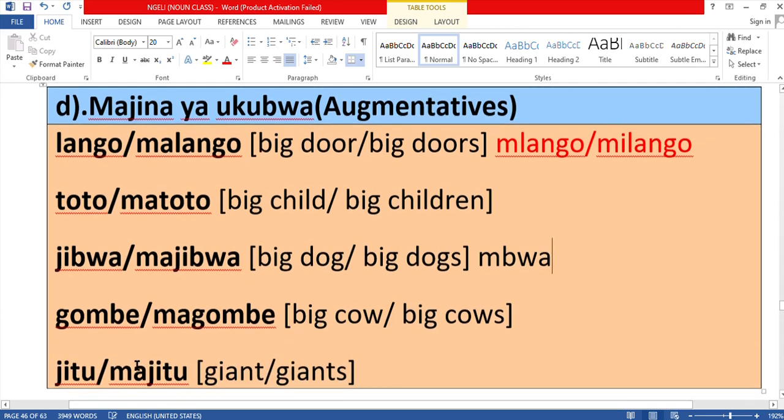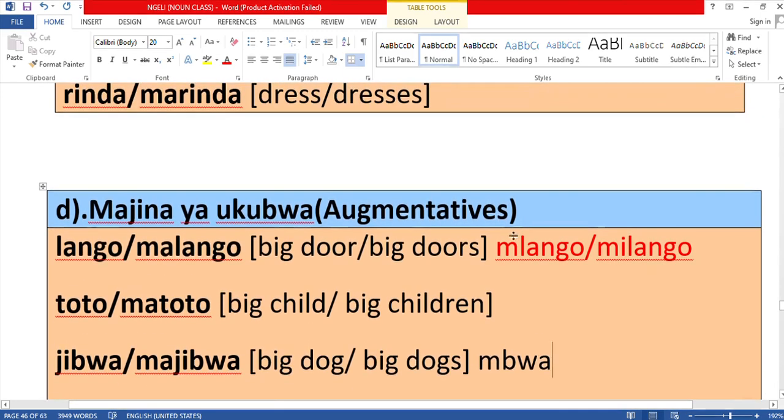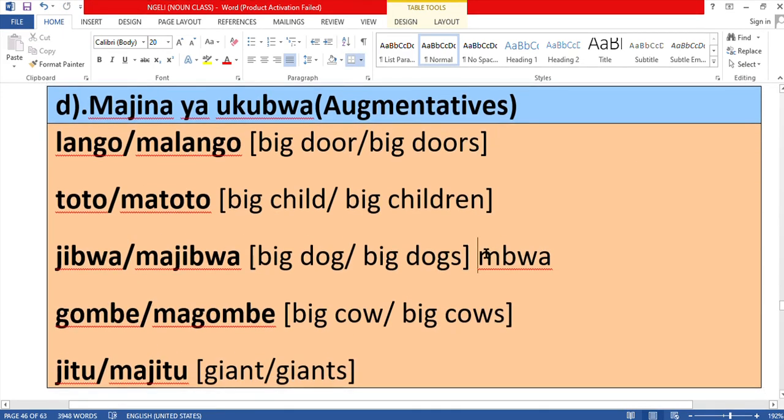Gombe, magombe. Now the normal word for gombe is ngombe.